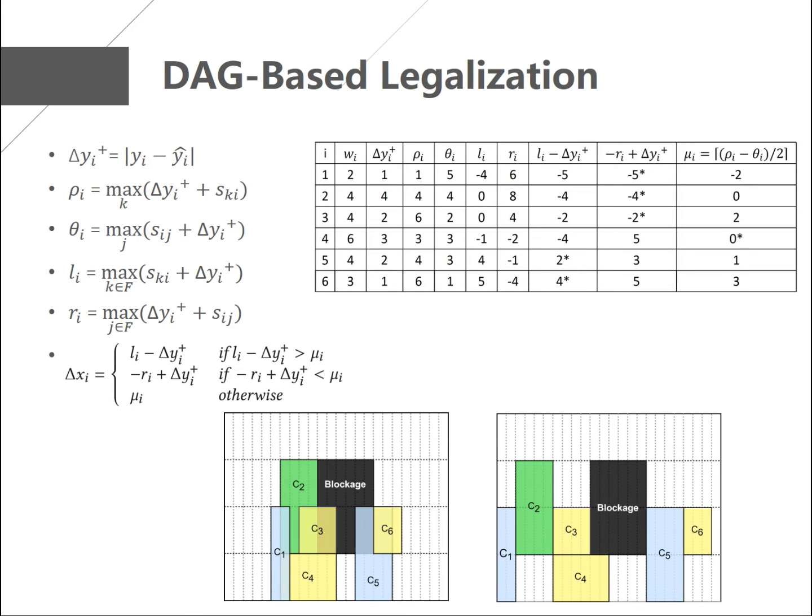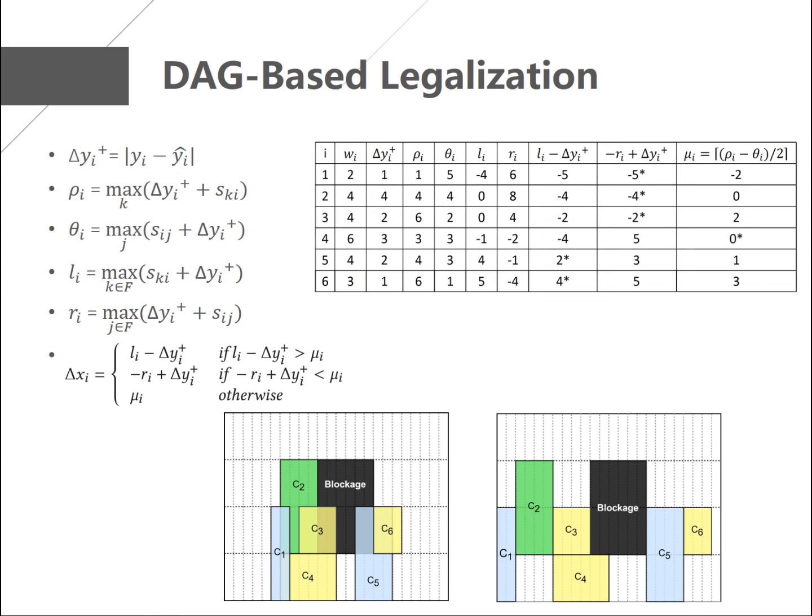After we build the deck and calculate the deficit defined in the previous page, we need more terms to determine the shift amount for each cell. The formulations of 4 additional terms, low I, theta I, Li, Ri, are listed on the slide. They only require deficit and the magnitude of delta Y to calculate.